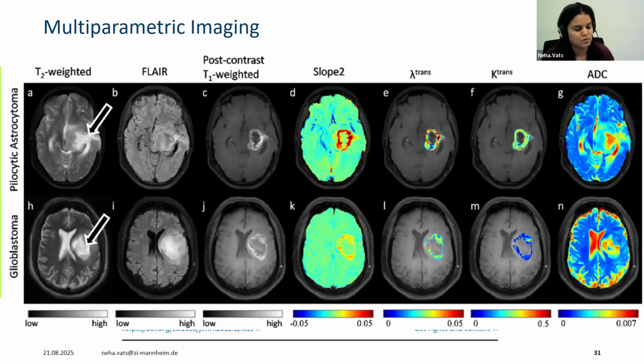You have to acquire a quantitative image, either diffusion or perfusion or anything. I don't know if I understood their question correctly. Yeah, I think that's the answer. Any other questions?